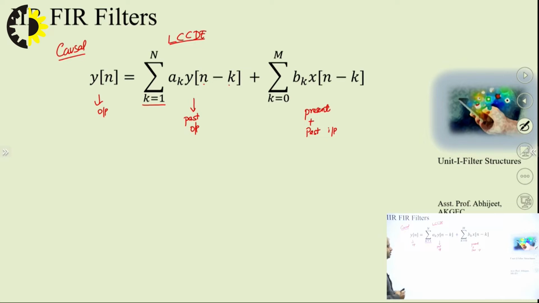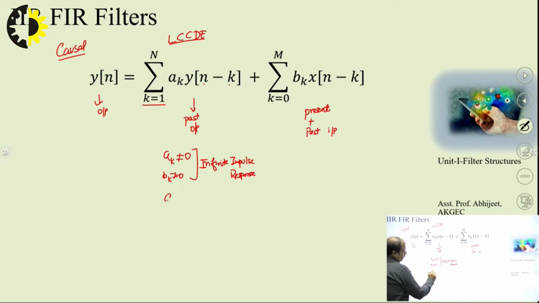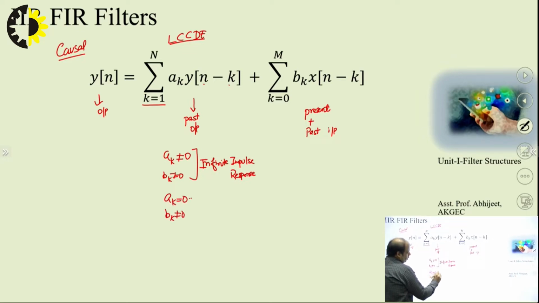Now, in the general case, if a_k is not 0 and b_k is not 0, then the systems which are formed are called infinite impulse response systems. Similarly, if a_k are 0 but b_k are some values, then this gives rise to what are called finite impulse response systems.